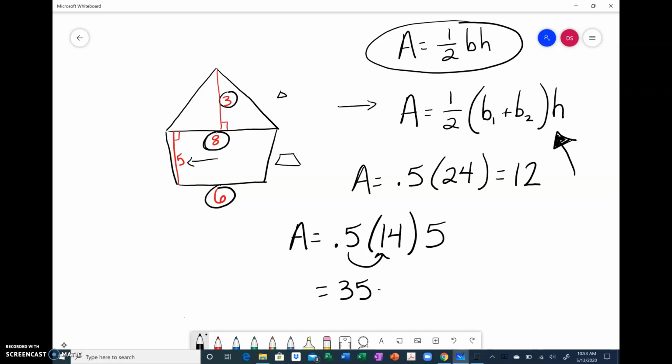Then I need to add it to the area of the triangle. And I find out that the area of this garden, this pentagon, is 47, and I need to get my units, yards squared. Okay, again, that is worked out for you on page 603, probably as quickly as I did it.